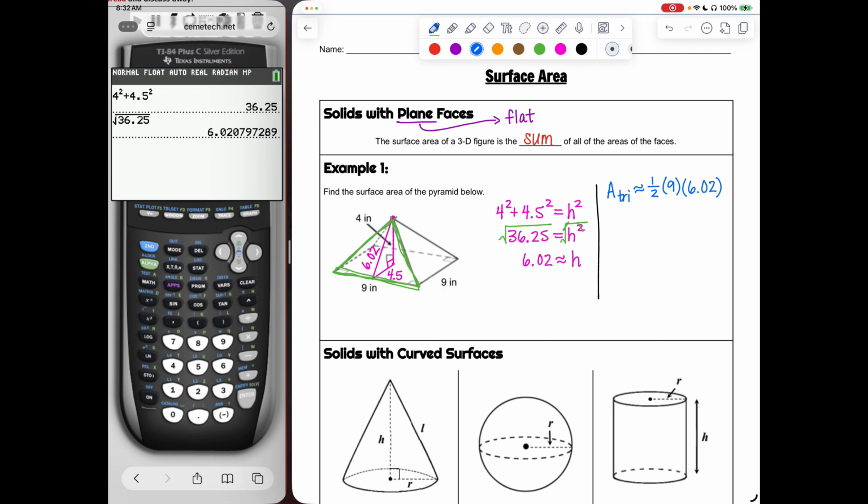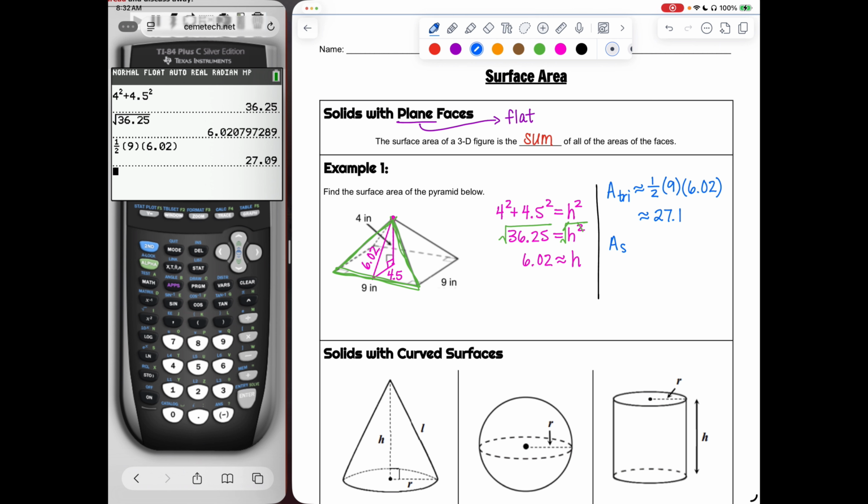It is rounded. So I'm going to type that in. 1/2 times 9 times 6.02. And I end up getting that our area is approximately 27.1 in 3 significant figures.